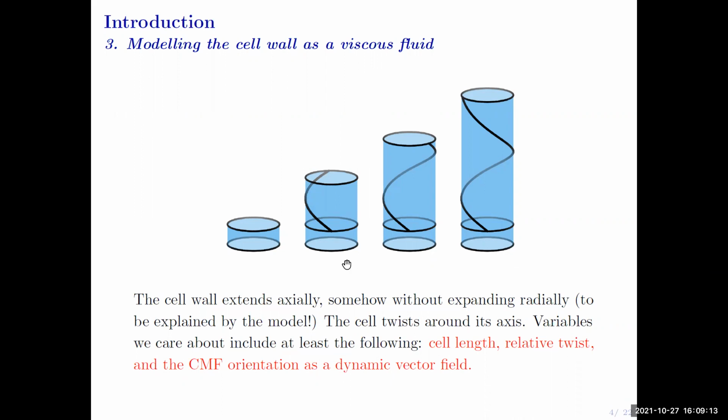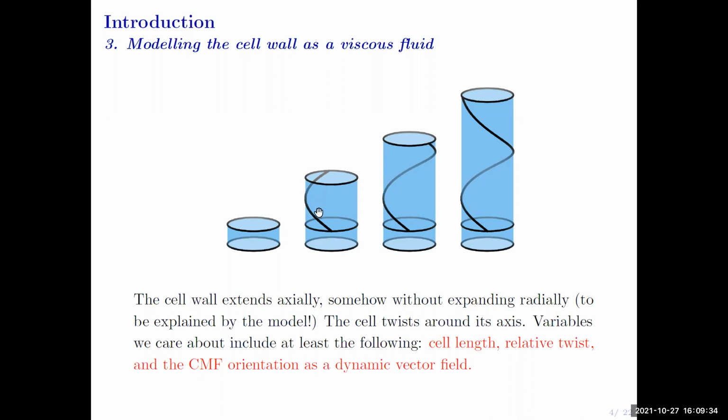Here I'm showing you a visualization of how that might go. On the left, you've got a cell at t equals 0. As the wall extends, if you imagine you've put a sort of dye somewhere along the top rim, it's probably going to start twisting around the axis of growth.